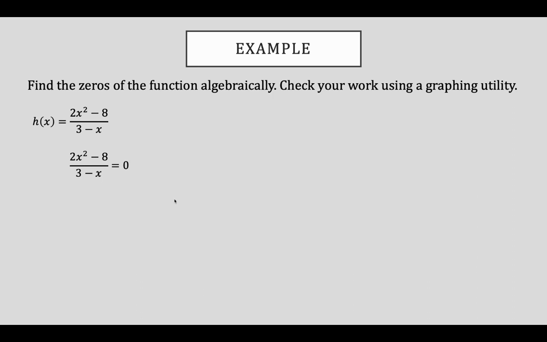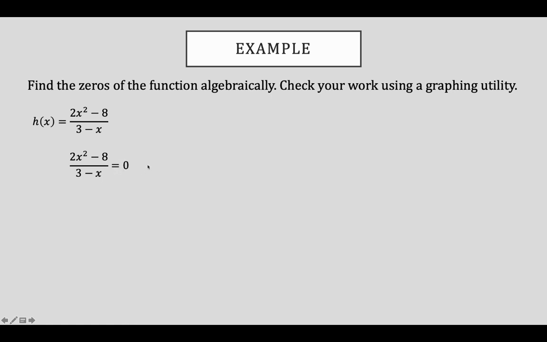Okay, so I have this fraction is equal to 0. One thing to make note of is that a fraction will only equal 0 if the numerator is equal to 0. The first step here, algebraically, would be to multiply both sides by 3 minus x. Well, what happens when you multiply the right-hand side by 3 minus x? You still end up with 0.